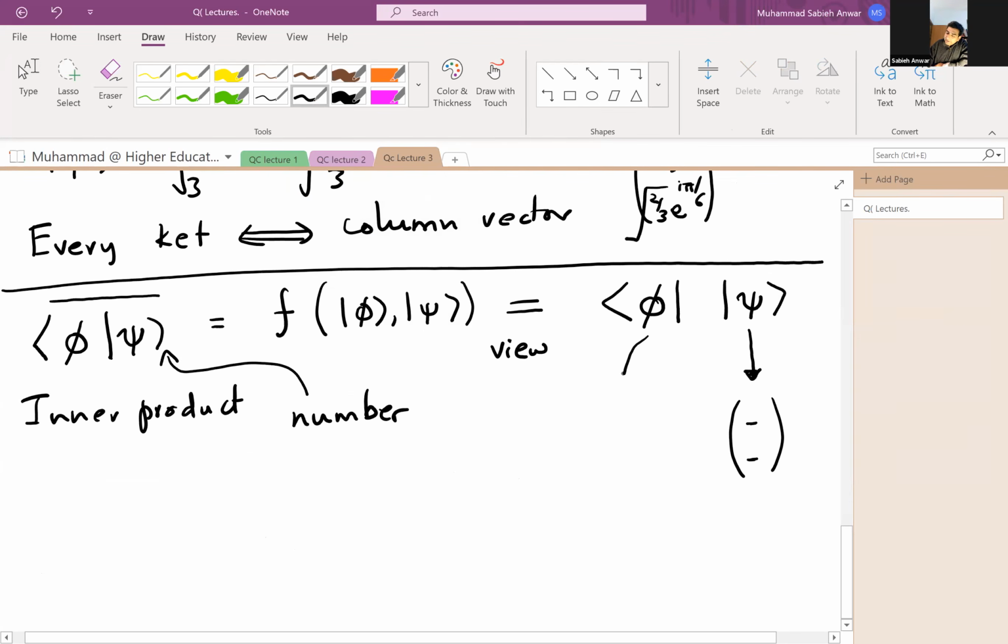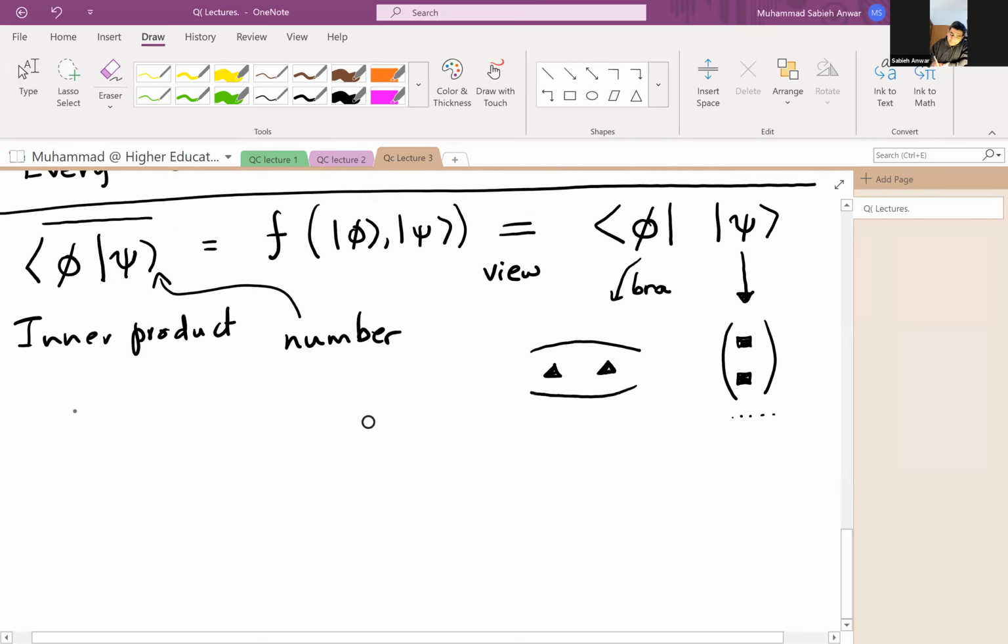Now the bra likewise should have a representation as well. The representation of a bra corresponding to the column vector representation of a ket is simply a row vector with two entries. So a ket has two entries and the bra has two entries.